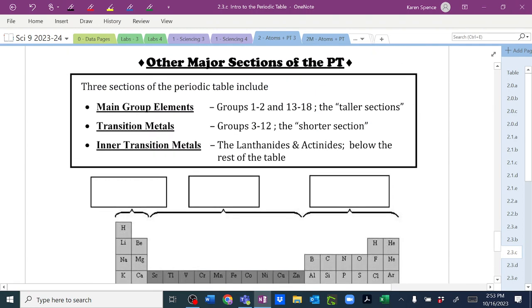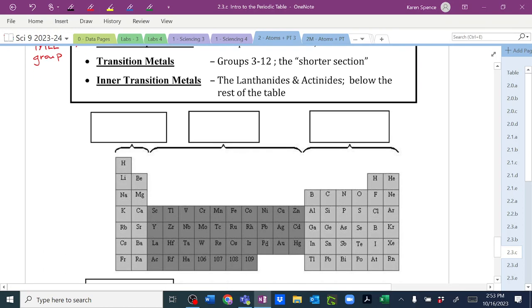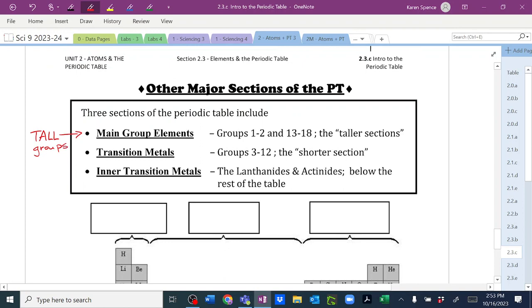So we have the tall groups. What group numbers are tall? Which ones are tall? The ones on the left and the ones on the right. So the tall groups are called the main group elements.